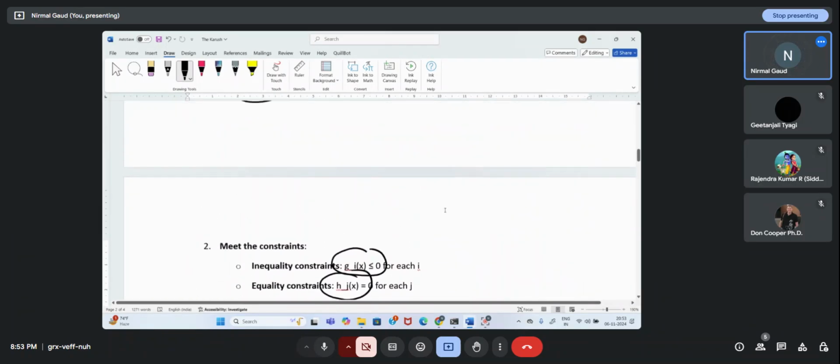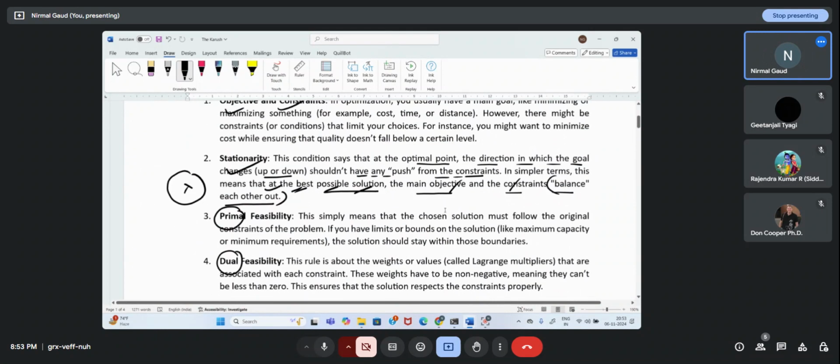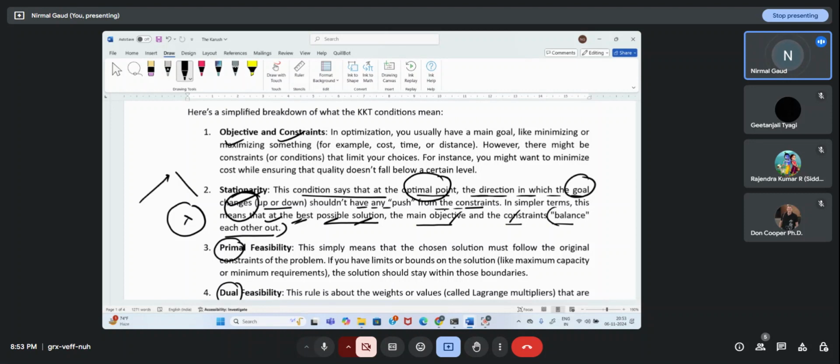See, here it's mentioned. The condition says that at the optimal point, the direction in which the goal changes is up or down. What is your goal? The goal is to find the optimal point. If at that particular point your direction changes, either up or down.